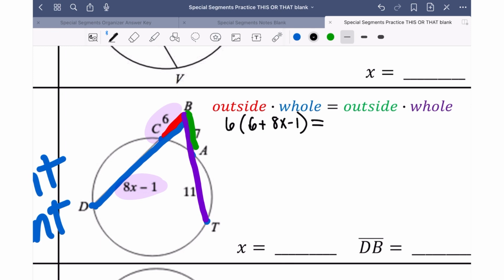For the second segment, the outside part is 7. Then we're going to multiply the whole segment part. So 7 and 11 together. Together means add. So 7 and 11 together is the whole thing. And then you would do your algebra to solve those.